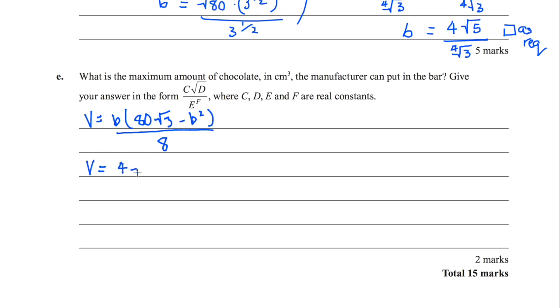So it's 4 root 5 on the 4th root of 3 times 80 root 3 minus b squared. Well, b is again 4 root 5 on the 4th root of 3, all divided by 8, sorry, and that's minus b squared, so that's squared.